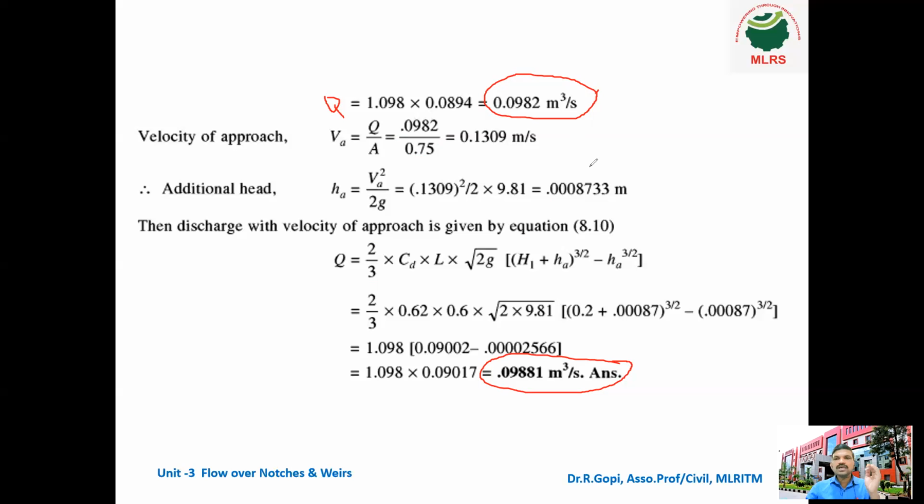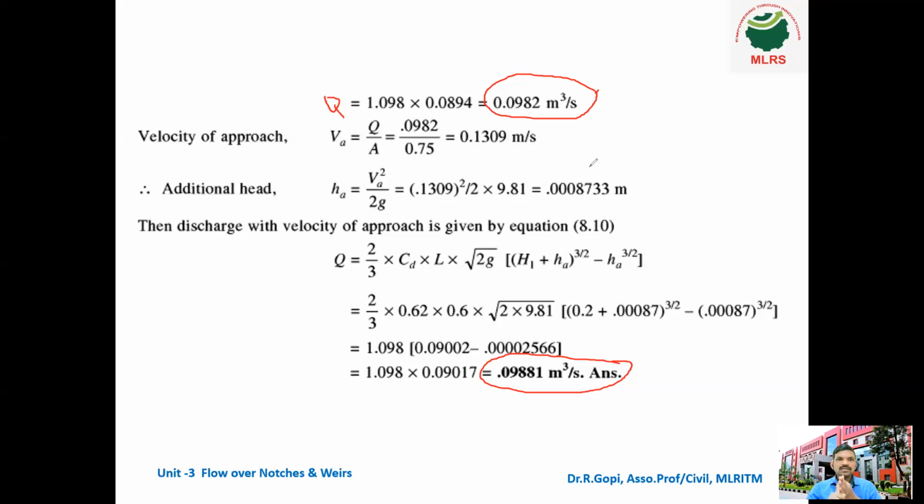So this is the procedure for considering the velocity of approach. First, calculate the discharge without considering the velocity of approach. After that, calculate the velocity of approach VA using that discharge.